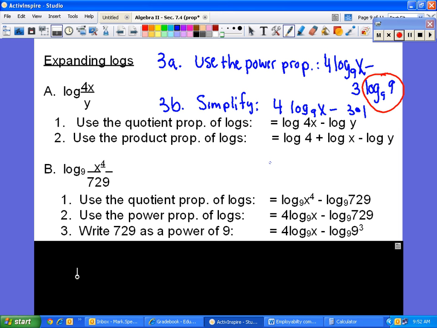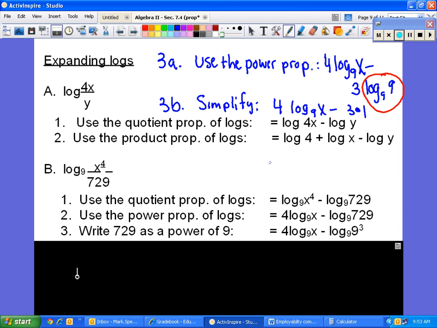So step 3 is to rewrite 729 as 9 to the third power. The next step, which I call 3a, is to use the power property and turn log 9 of 9 to the third power into 3 times the log 9 of 9. So move it to the front, basically? That's right, yes, move it to the front.